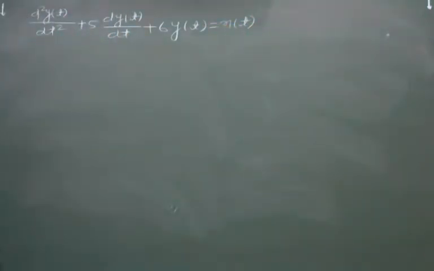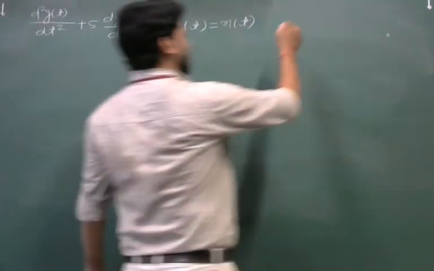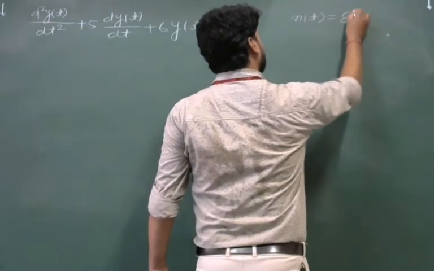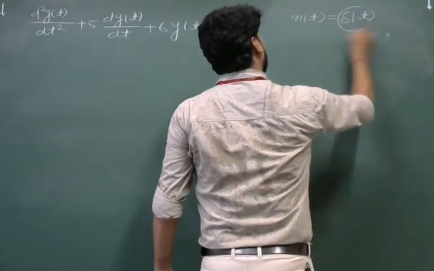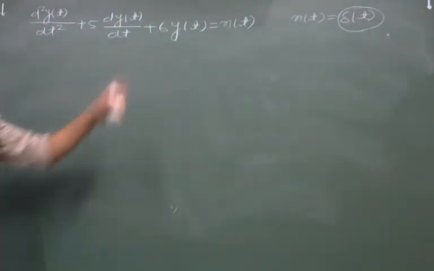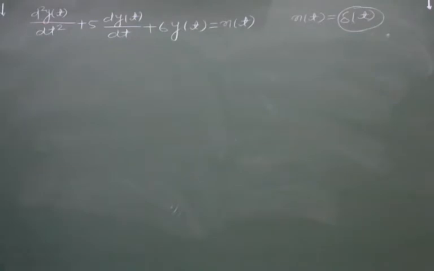It says to find the impulse response of the system. Getting the impulse response means that the input given to the system is delta t, and for this value of x of t we have to calculate the value of y of t from the given relation, where x of t is delta t. Impulse response means the output for the given input as delta t.